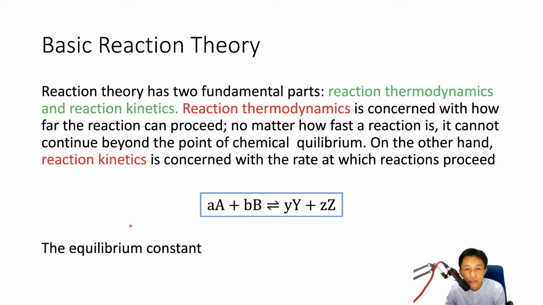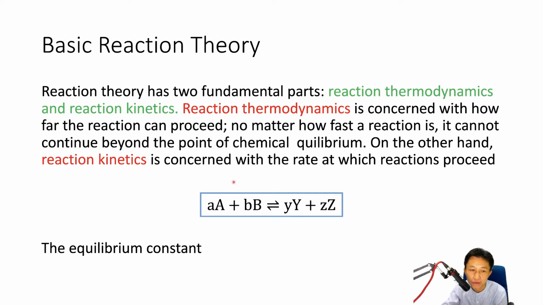Chemical reaction thermodynamics is concerned with how far the reaction can proceed, whether it can occur or not. And kinetics is how fast the reaction is; it cannot go beyond the equilibrium.